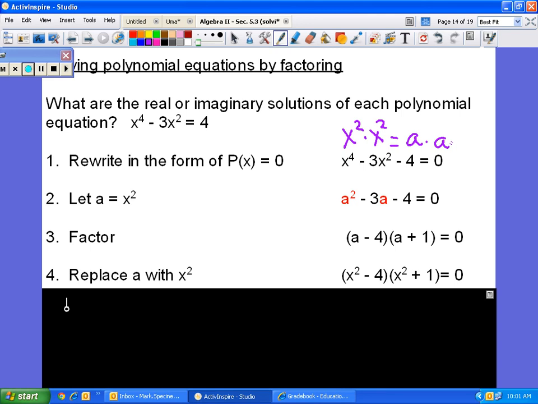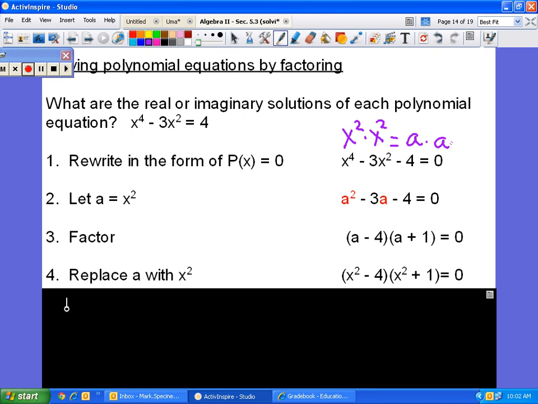What special kind of quadratic is x squared minus 4? What is 4? A perfect square. 4 is a perfect square. What is x squared? x squared is a perfect square. So I have the difference of two perfect squares. How do I factor the difference of two perfect squares?